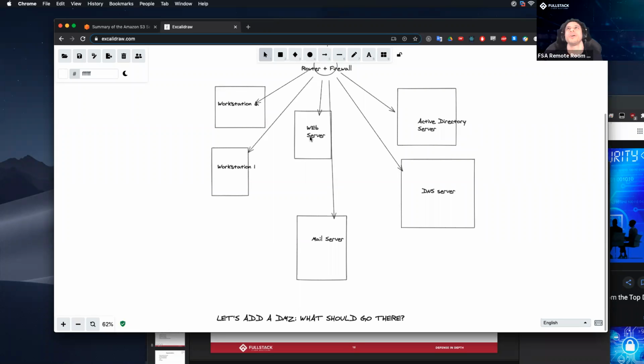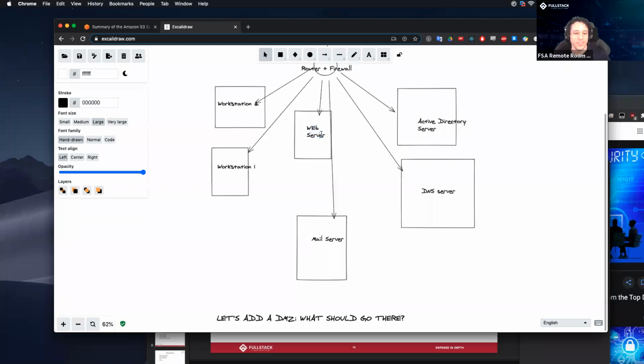Tell me more. I want to hear something specific. The web server, because it is internet facing, so it accepts incoming traffic from outside of the network.